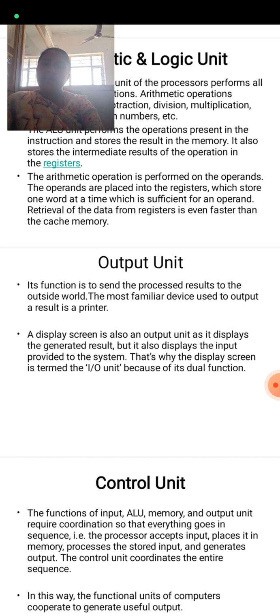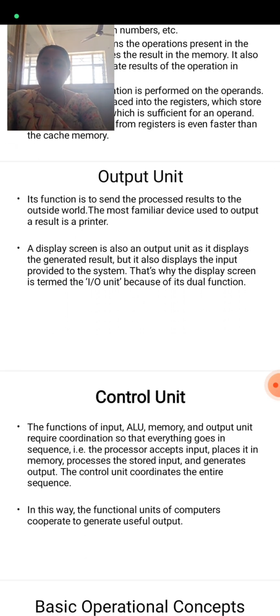The arithmetic operation is performed on the operands. The operands are placed into the register, which stores one word at a time, which is sufficient for an operand. Retrieval of data from a register is even faster than from the cache memory.